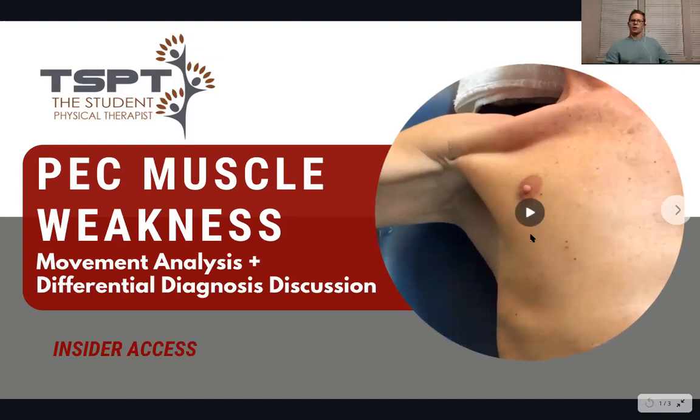Oftentimes, clients have questions why muscles go into a state of spasm or a state of quivering. It can be because the muscle is not strong enough. It may not be getting enough innervation. Or when it gets put in that shortened position, there's not muscles to counterbalance it. So when a muscle is in a shortened position, it might go into a state of spasm or overcontraction because it doesn't really know what to do in that situation.